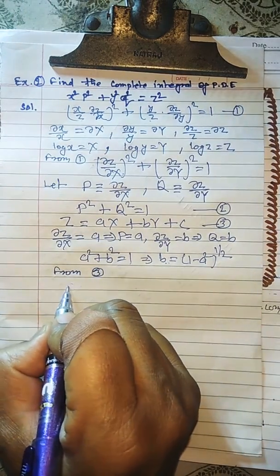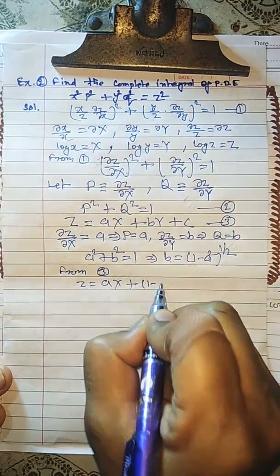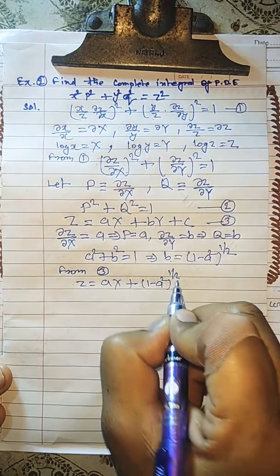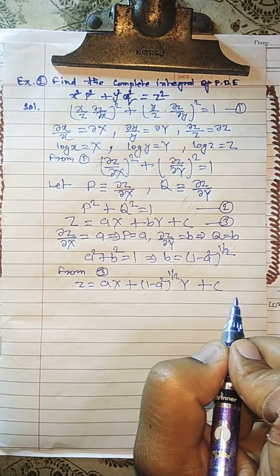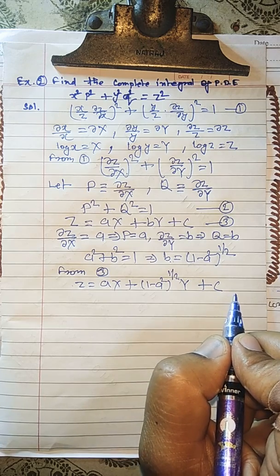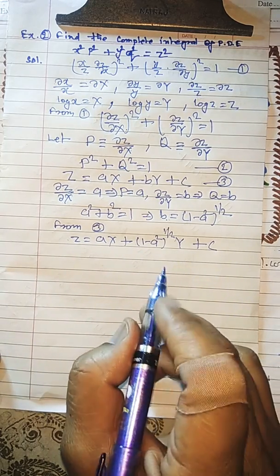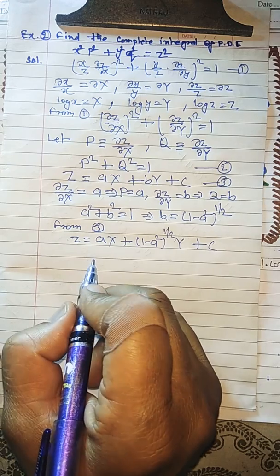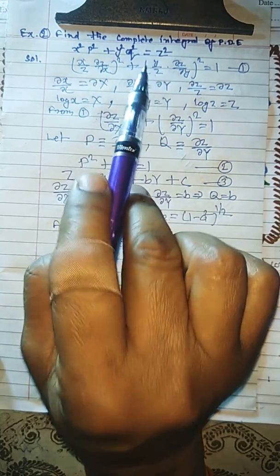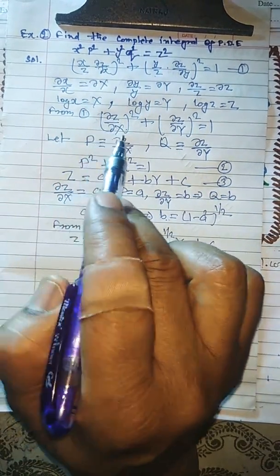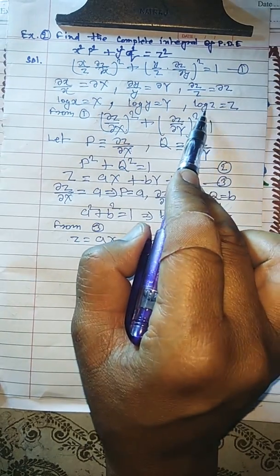From 3 we get Z equal to A capital X plus 1 minus A square to the power 1 by 2 capital Y plus C. Now our original variables are small x, small y and small z, so we can replace capital X by log x, capital Y by log y and capital Z by log z.